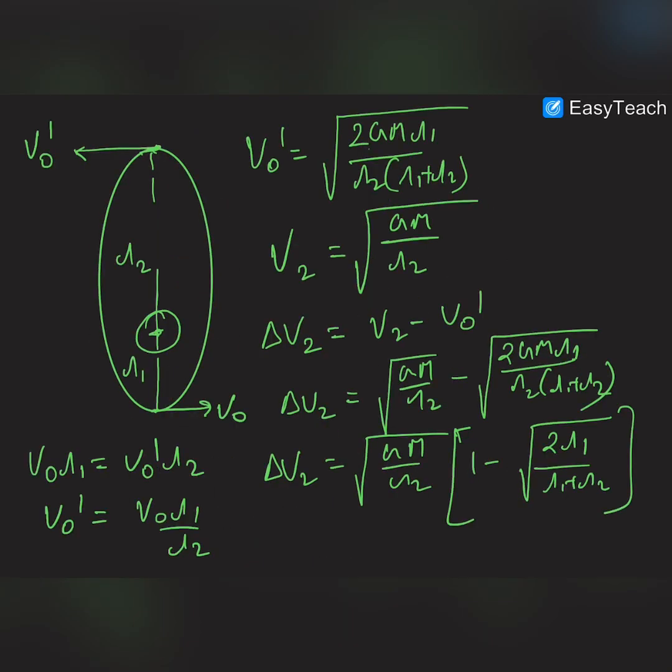You can see that we know that r1 is equal to a into 1 minus e. So r1, this is a, the semi-major axis. So we know that this distance is a into 1 minus e. So r1 is equal to a into 1 minus e.